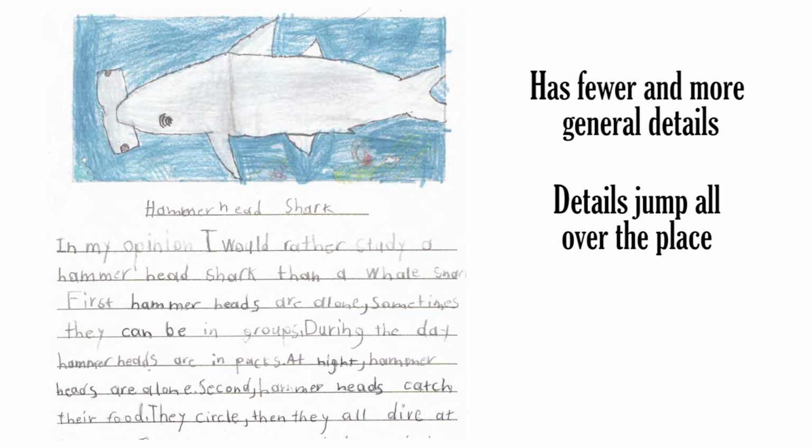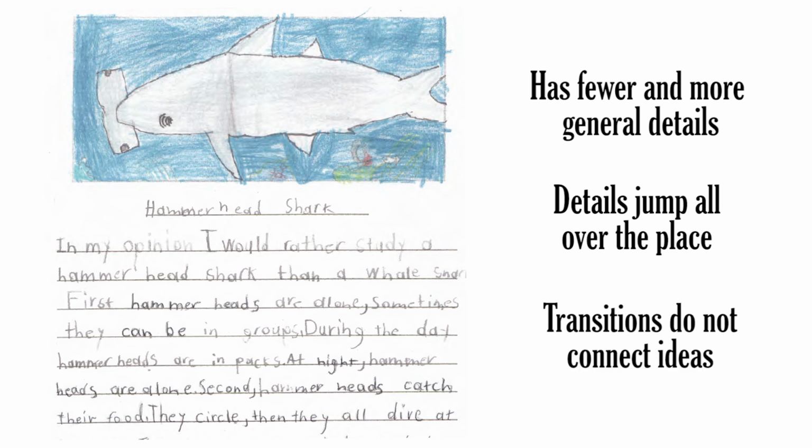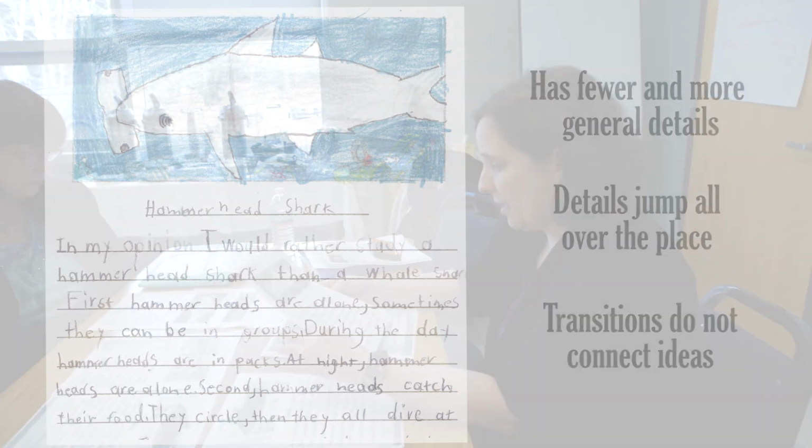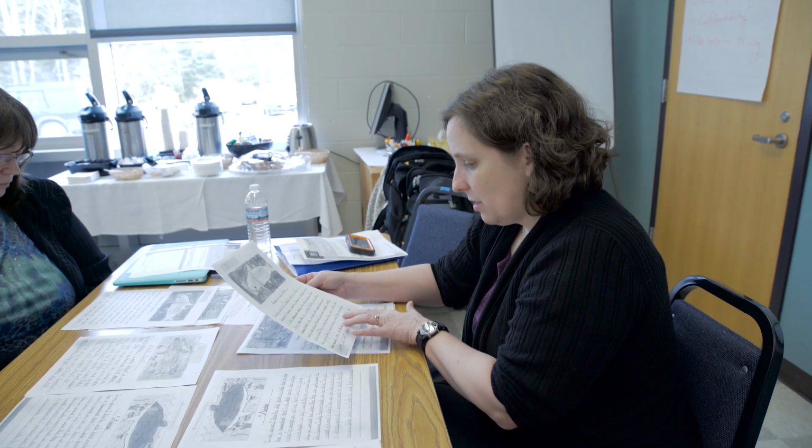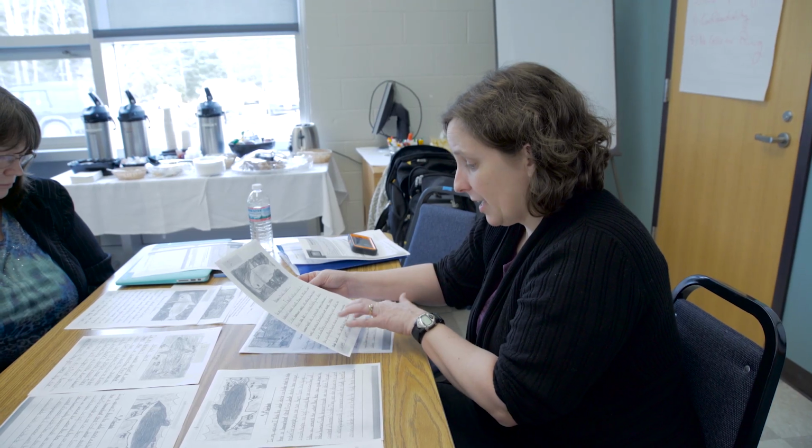Nice. How about the other examples? That really is the difference between them. One, it's a lot choppier. Transitions don't really have meaning. Facts are kind of jumbled together. Although when they say first, they're talking about groups and packs. The second, they're talking about food and how they get their food.